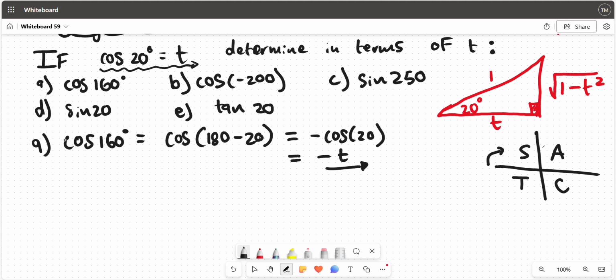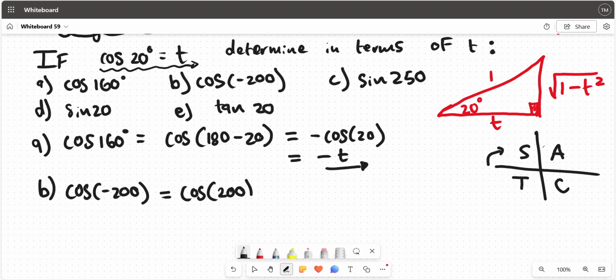All right, let's do the next one, B. So B says, what is cos negative 200? What we should remember is negative angles for the sine and for the tan: if I have a negative angle, it gives me a negative ratio. But with the cos particularly, it just gives me a positive ratio.